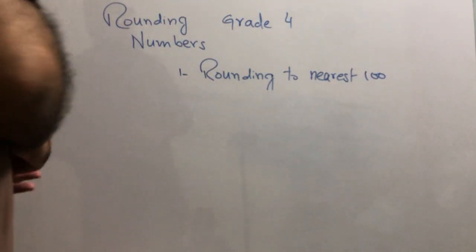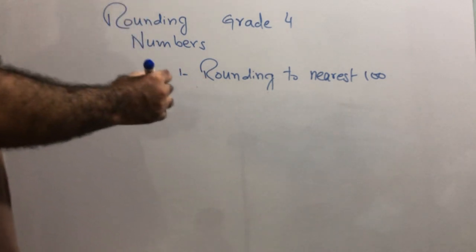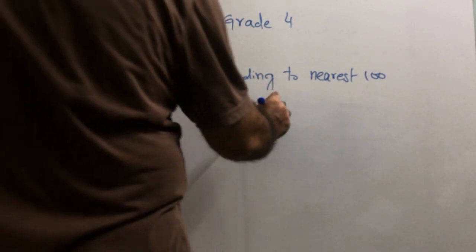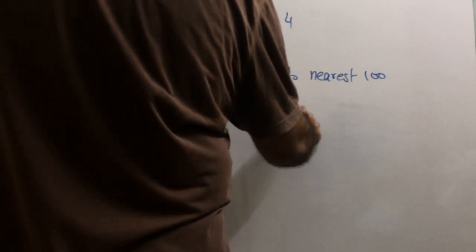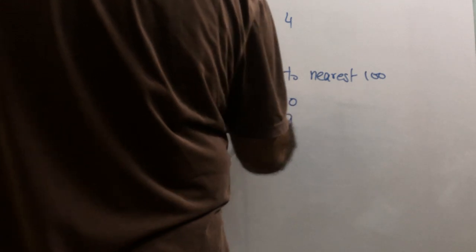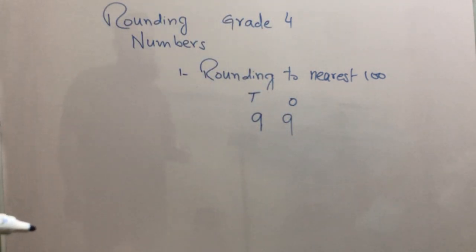Now we will be talking about rounding to nearest 100. So let's suppose we have a number 99. We need to round it off.